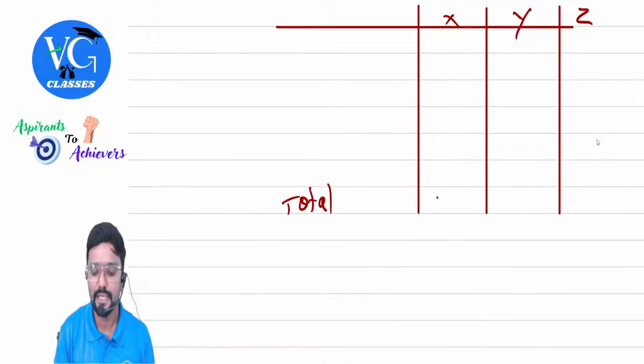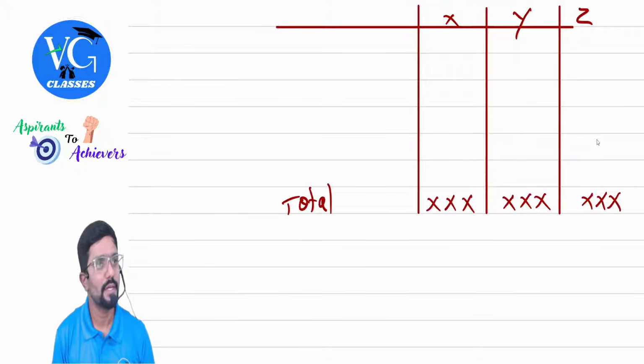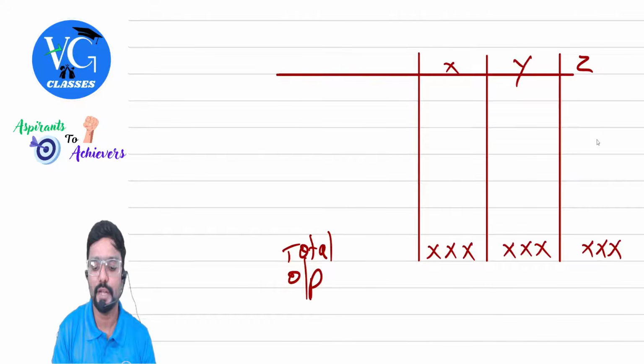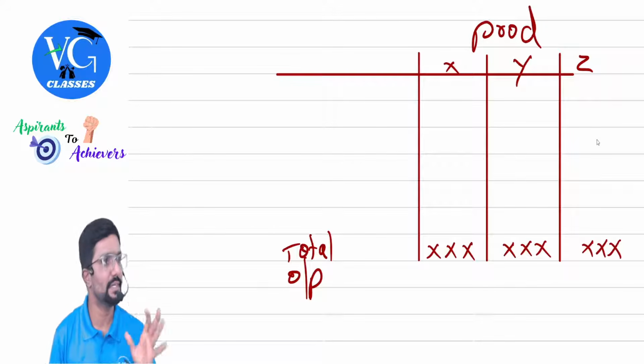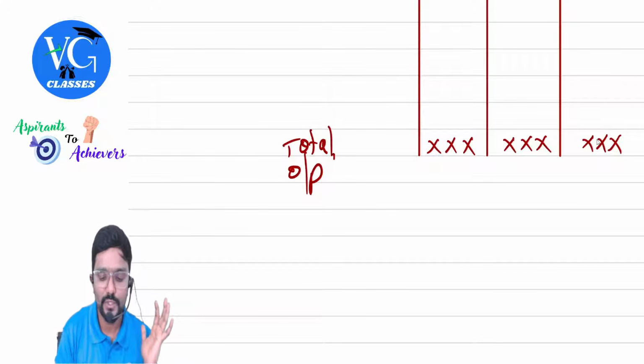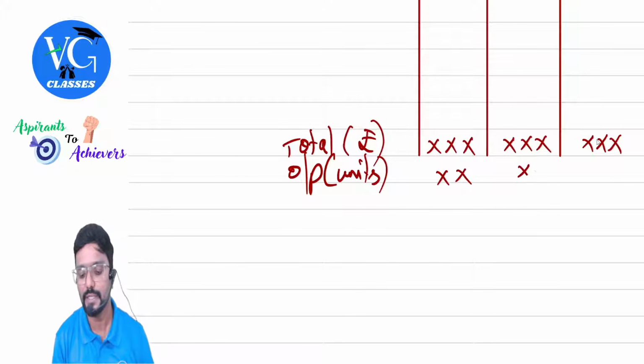We can call it some amount. Now, what we do is we will divide it by output. Each production department is engaged in production. Now we will divide it by number of units. So output would be in what? Units. Total cost would be in rupees.